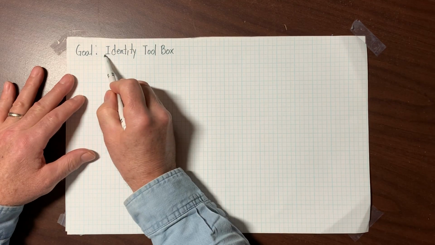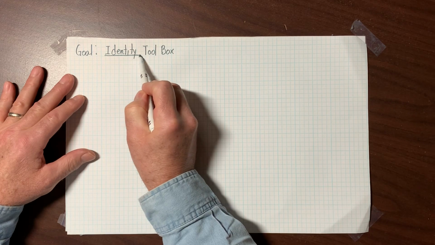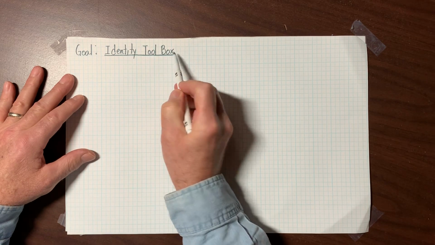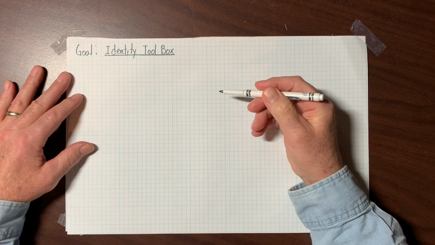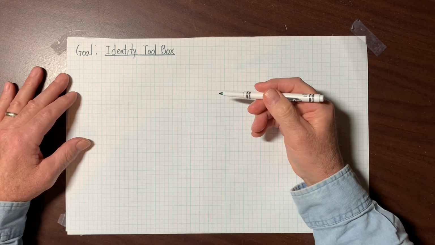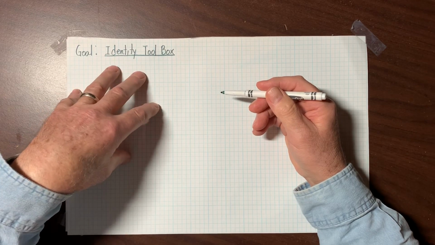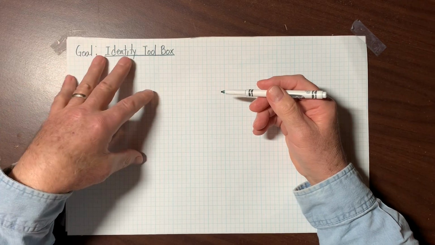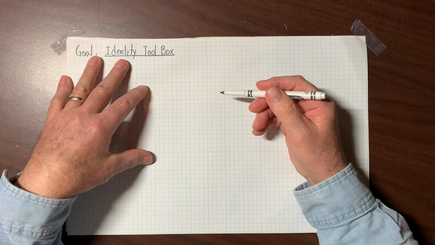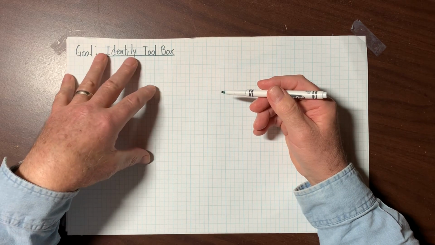When we're done, the intent is that you will know the items that are in this toolbox, and you will have an understanding from where they came, how they're derived.